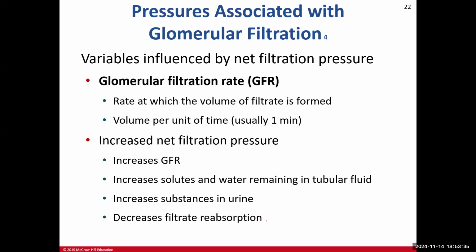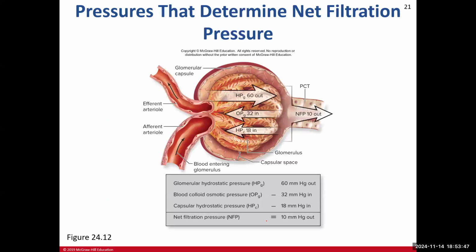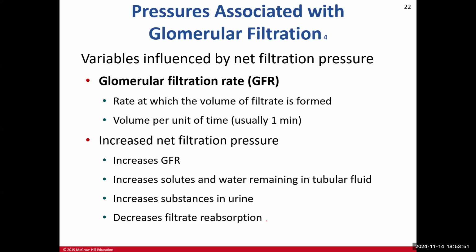So some things that we're going to notice when we have an increased net filtration pressure. So we increase our net filtration pressure, which is what? This right here, this whole story. If we increase our net filtration pressure, we're going to see an increase in the glomerular filtration rate.